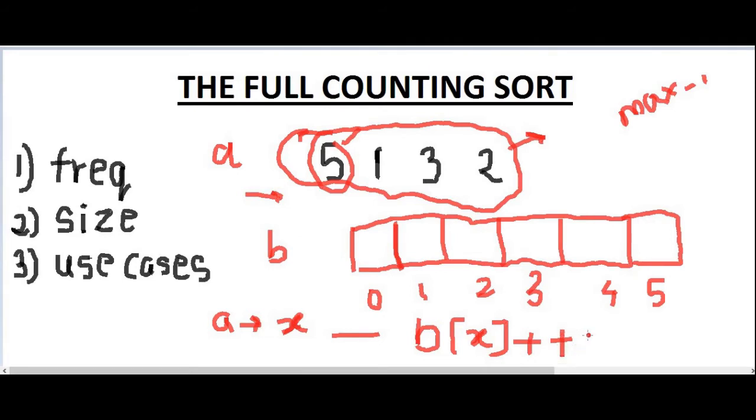This is pretty basic, and I'm assuming everyone coming to this problem knows the basics. However, I'm still covering it because it will help us. So we know that 5 is present, so we'll increment index 5 by 1.